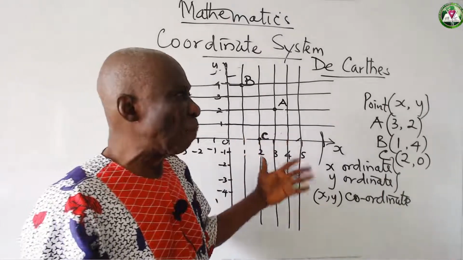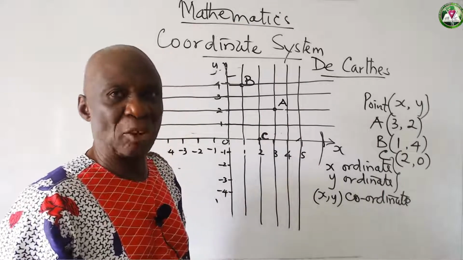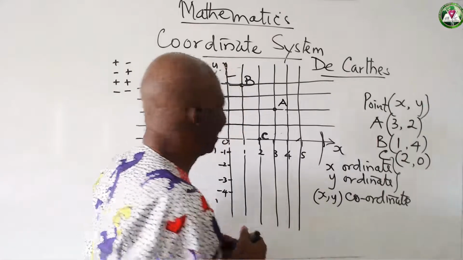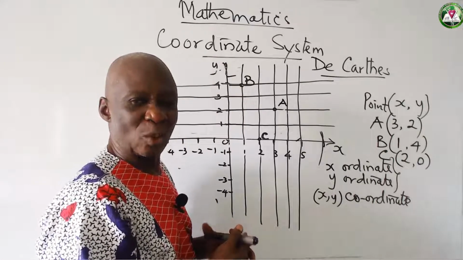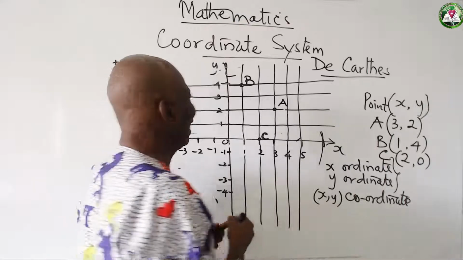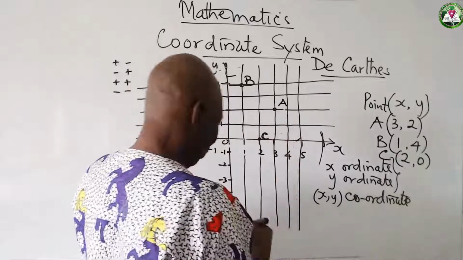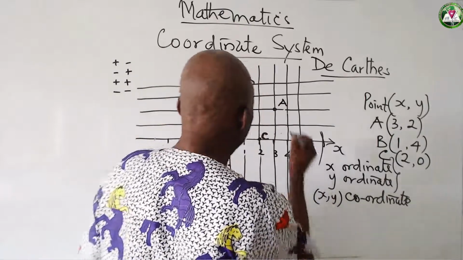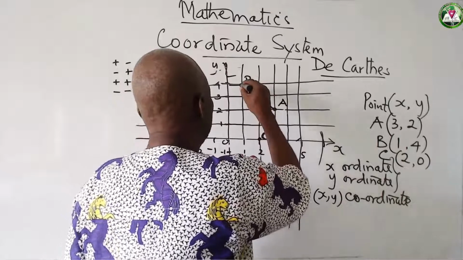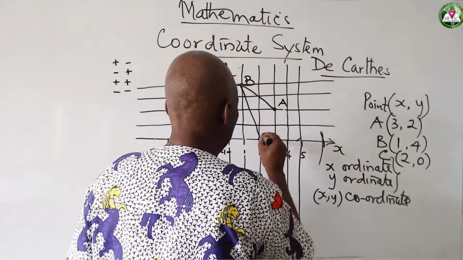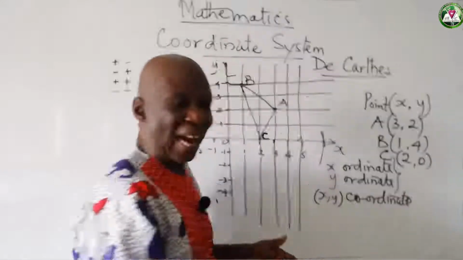So you could be given a point and then asked to fix it. We are coming back to that. But let us look at this. Now, they're asking us, what shape do you have? I have 3 points, A, B, C. I start from A, join it to B. From B, I join it to C. From C, I join it to A. What shape do I have there?